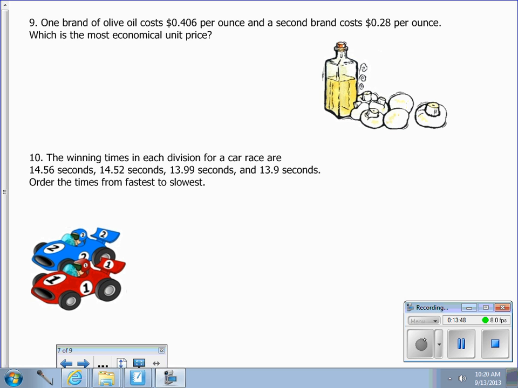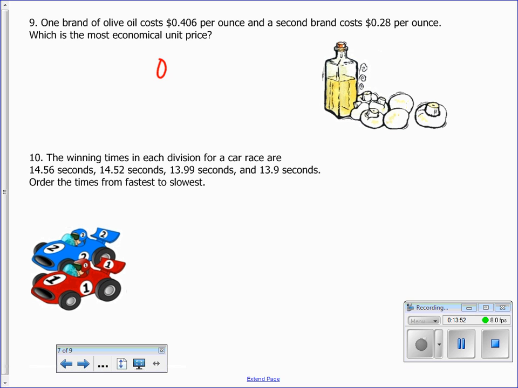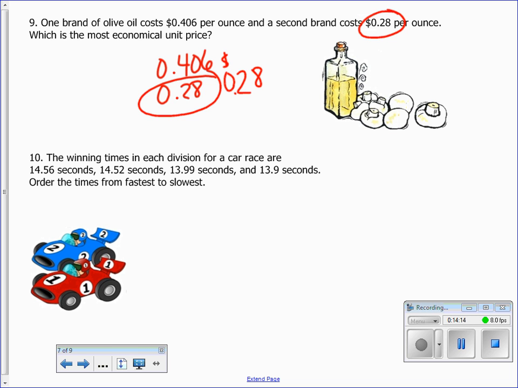Economical means which is the cheapest. So line them up. Which is the most economical? Which is the cheapest? Would be the 28 cents per ounce. Since it is a word problem, you need to have words in your answer.